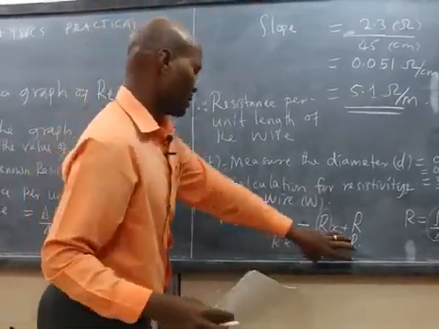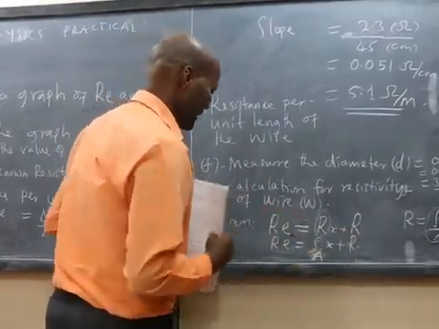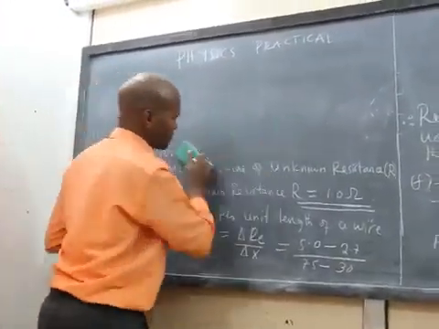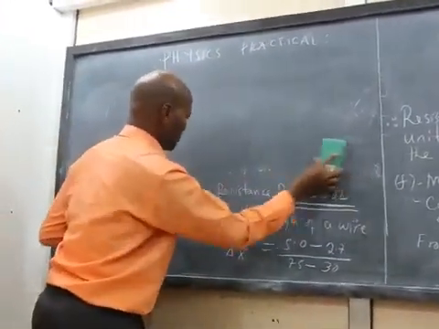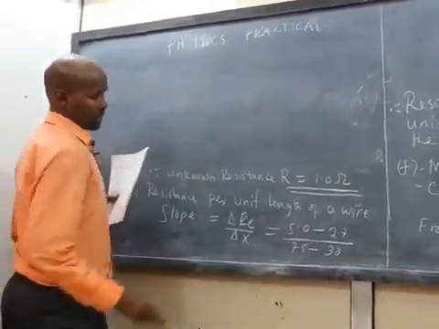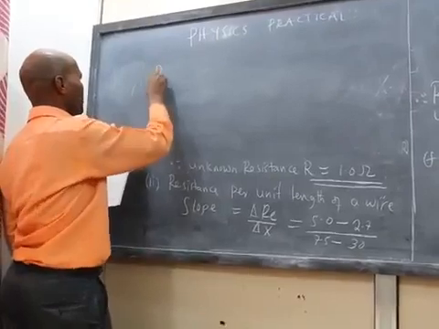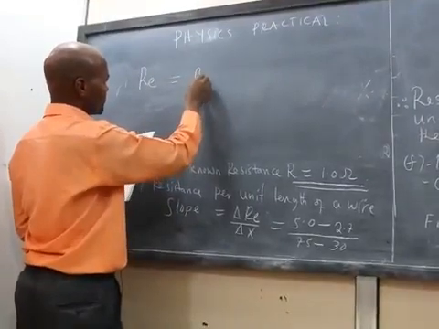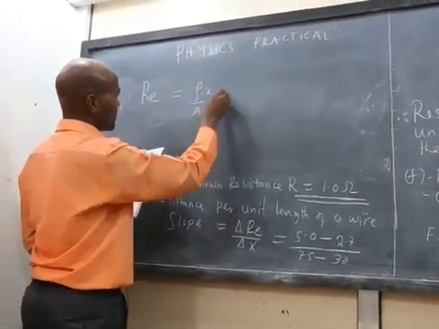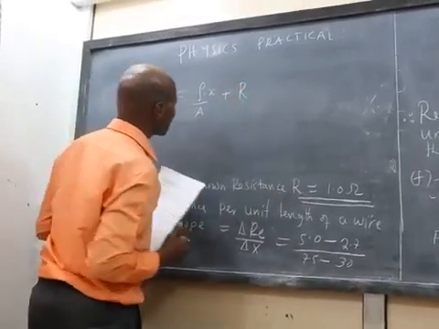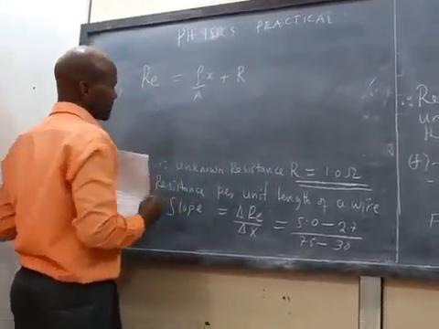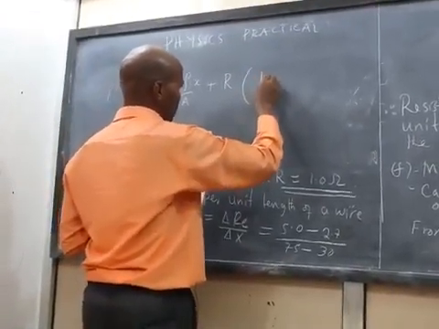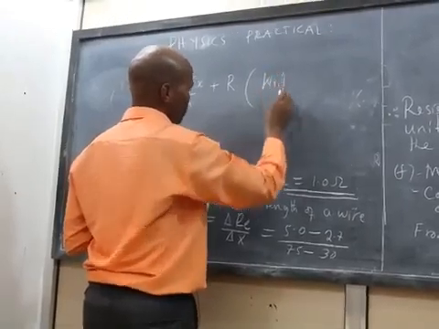This equation, if you relate it with the equation of a straight line, you get something like this. That is RE, the equivalent resistor, is equal to resistivity times X over area plus R, that was the unknown resistor.